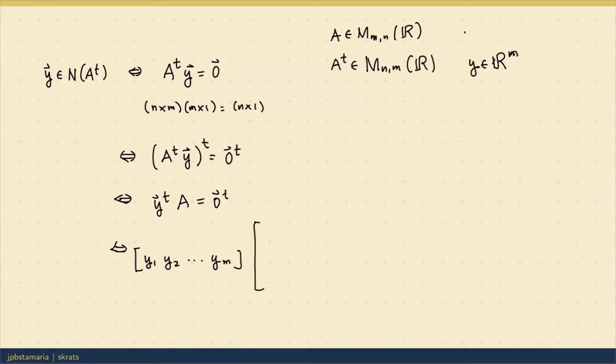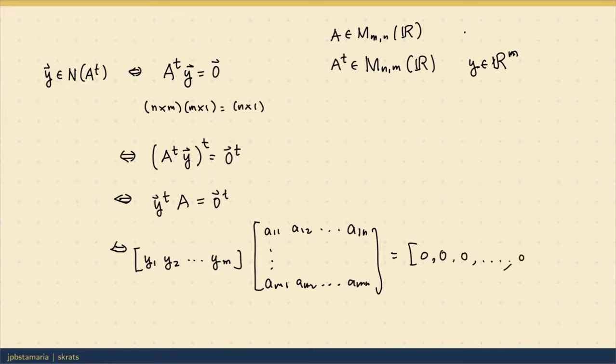And then this is your original A: A11, A12, up to A1n, down to Am1, Am2, Amn. Then what results is 0, 0, 0, 0, m of them. So this equation is basically equivalent to this equation. If you do this dot product, you get 0. You do this dot product, you get 0. You do this dot product, you get 0.